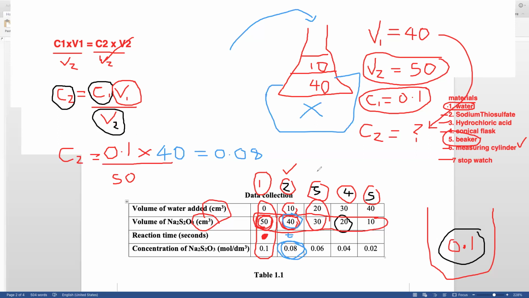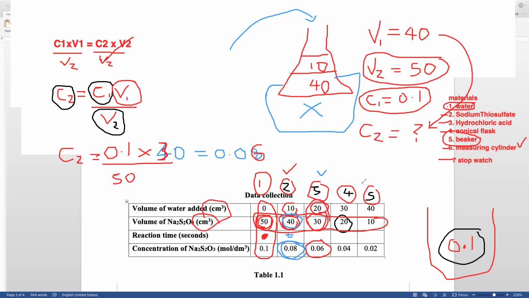You go to experiment number 3. Experiment number 3, the amount of sodium thiosulfate we are getting here is 30. Therefore, our V1 now changes to 30. Our final volume still 50 because we're adding 20 to that 30, which gives us 50. And when you plug in them in there, you multiply, the concentration reduces to 0.06, and that is the 0.06 that we have here.